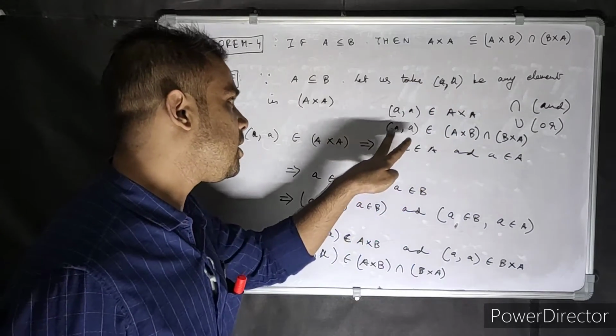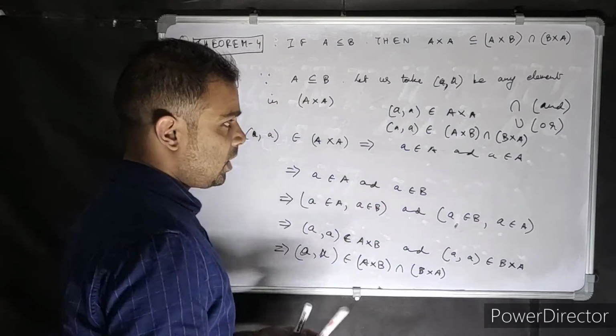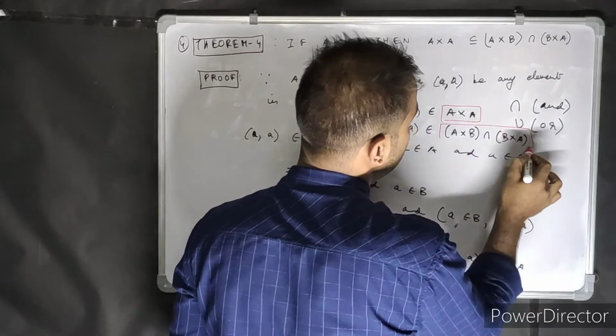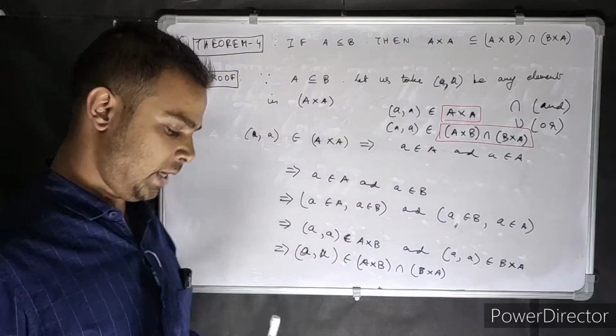That means A cross A is a subset of A cross B intersection B cross A.